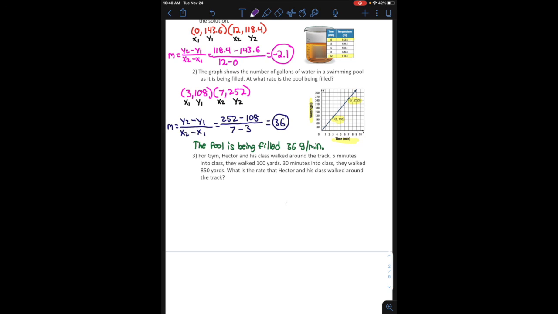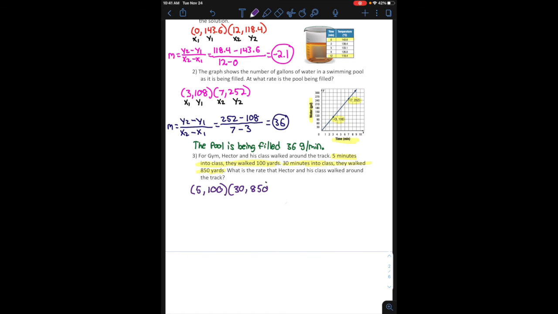In this case, we have to make the ordered pairs on our own. Our first ordered pair is going to be using the first sentence that says 5 minutes into class, they walked 100 yards. So our first ordered pair is going to be 5, 100. And my second ordered pair will be using the next sentence, 30 minutes into class, they walked 850 yards. So the next ordered pair will be 30, 850.